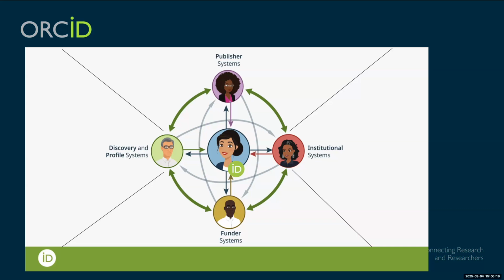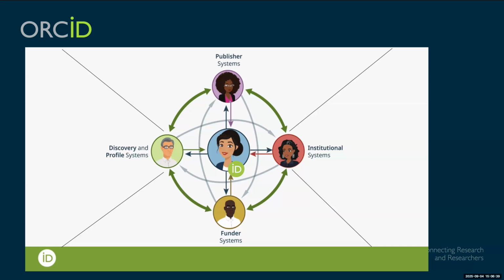And in terms of Pure and university systems, this would be in the discovery and profile system side or the institutional system side, where the researcher has logged in and authenticated their ORCID ID in those systems and granted permission to their university to read data and import data from their records and also add data to the records.